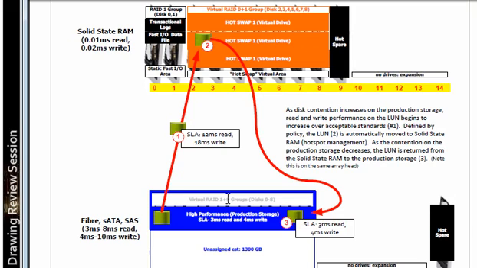It's all about how fast you write it and how fast you read it back. Then in our comparison, we have our high performance drives up here with low volume because they're more expensive, right? And when we go to solid state and other technologies, you're talking about 0.01 millisecond reads to 0.02 millisecond writes. So we've got a big difference here.